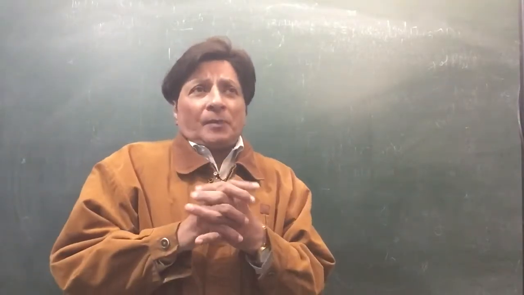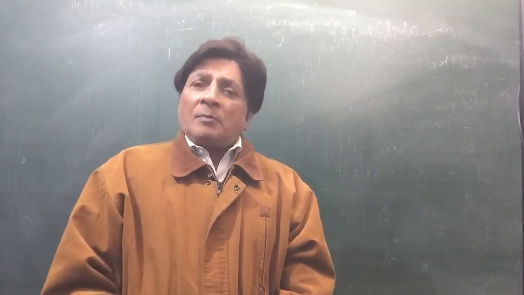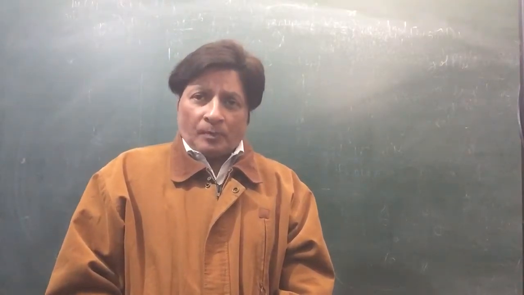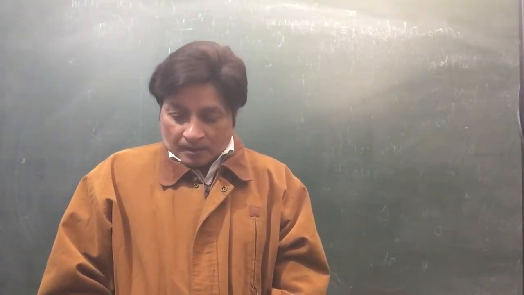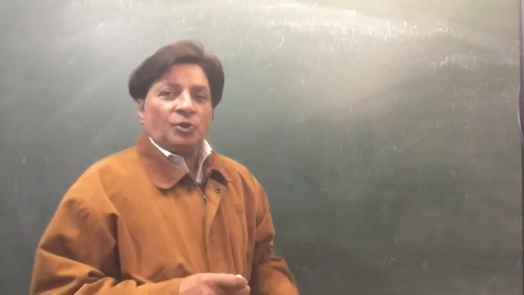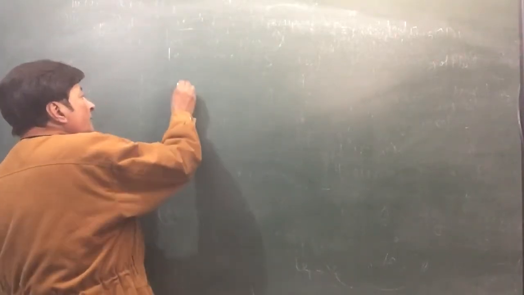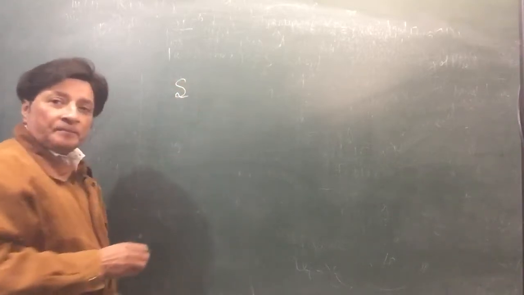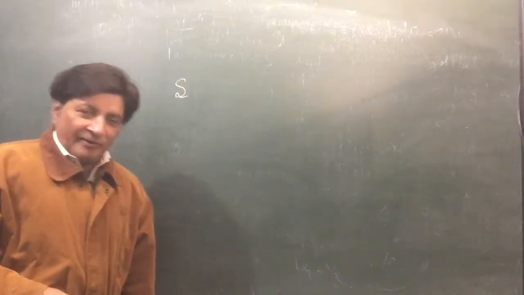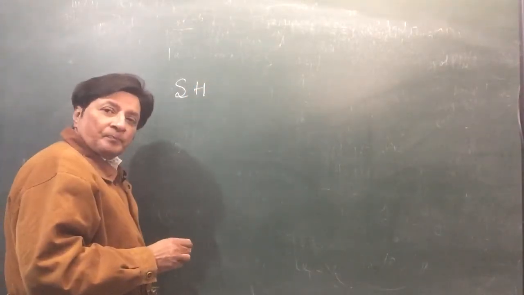Like in gas, there are molecules, correct? And if you go with the postulates of kinetic theory of gas, you all know that gas molecules are spherically hard to compress.